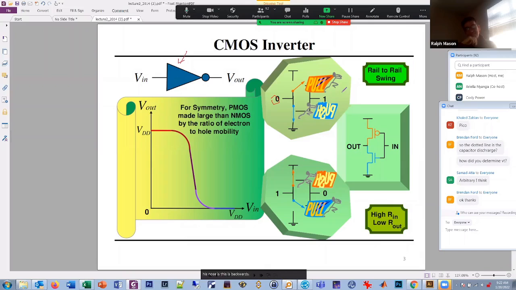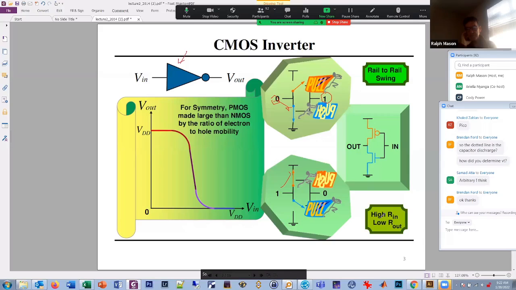Sorry, it's going this direction. Okay, so when the input is 1, the NMOS is closed and the output goes to 0, right? And when the input is 0, the PMOS is closed and the output goes to 1. In a CMOS circuit, you get rail to rail swing. That means because the PMOS is good at the 1s, you go all the way to VDD, and the NMOS is good at 0s, you go all the way to 0.